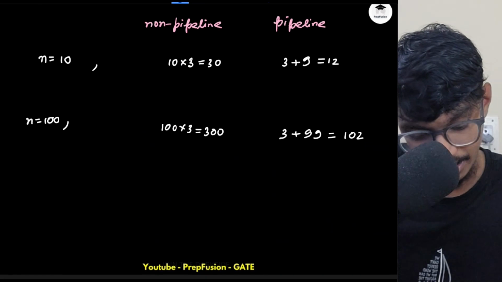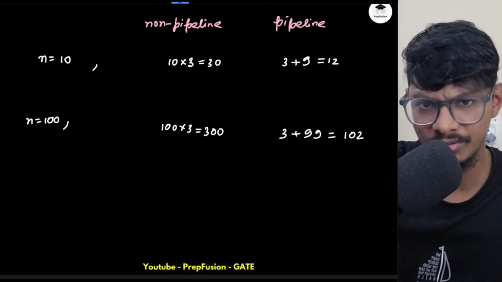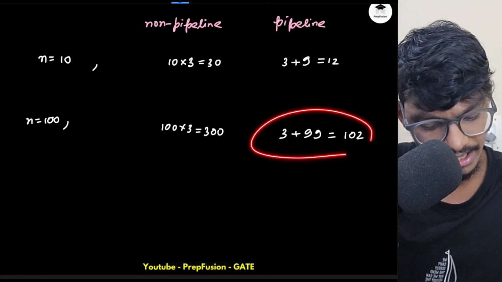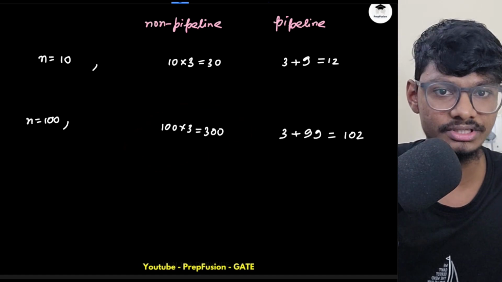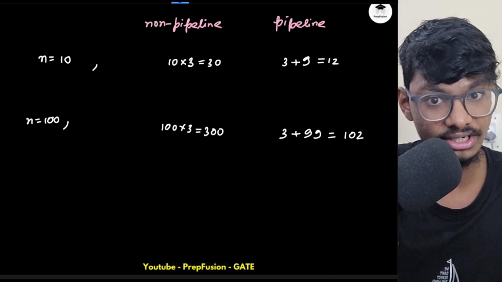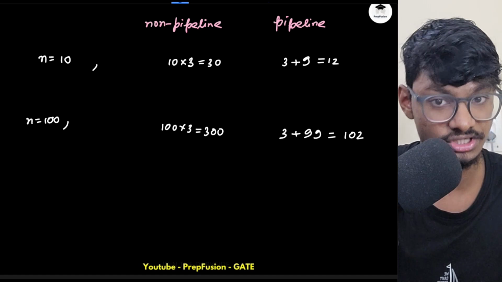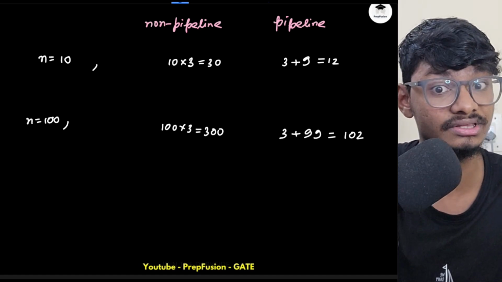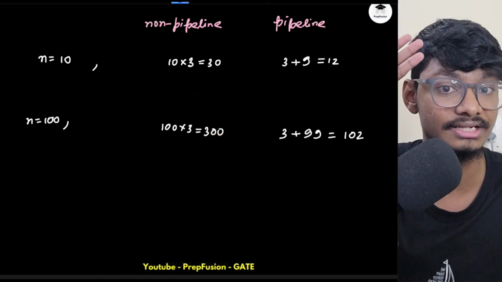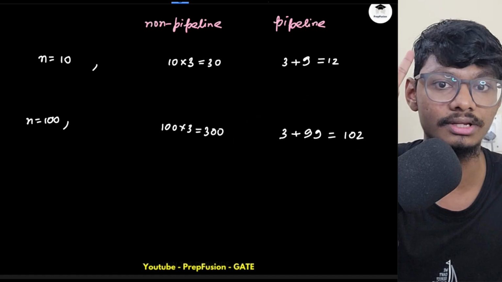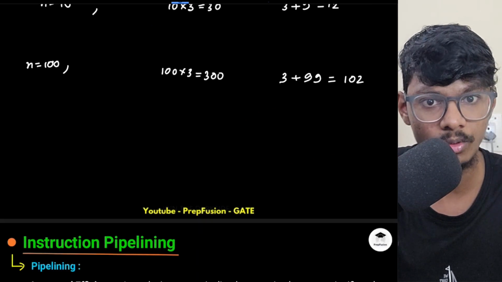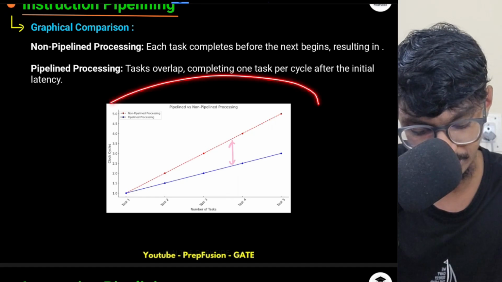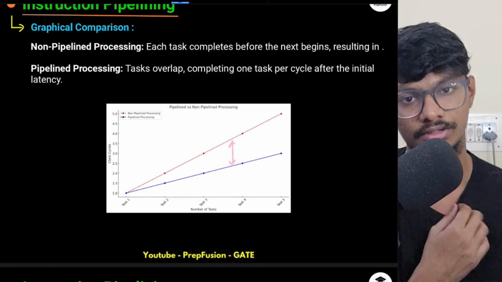Because in case of pipeline, the number of instructions increases and the processing time is linear. But in case of sequential, each instruction has 3 cycles, so the number of cycles is getting increased by thrice. Here the number of cycles is incremented by only 1. That is the power of pipeline processing, represented here by the comparison graph.